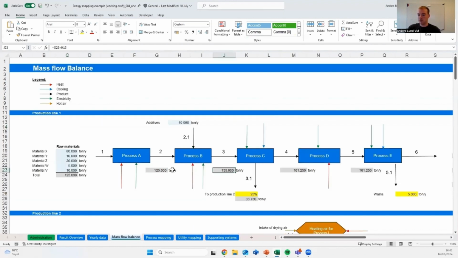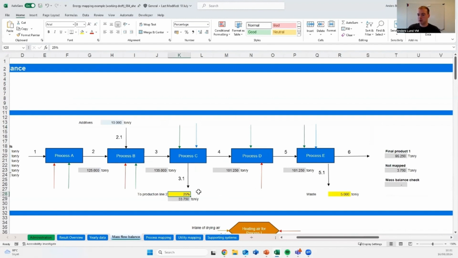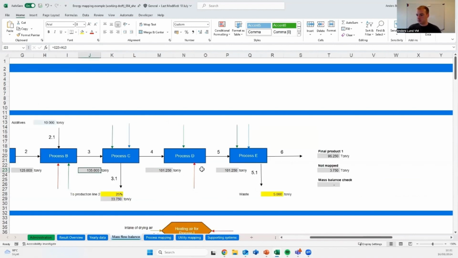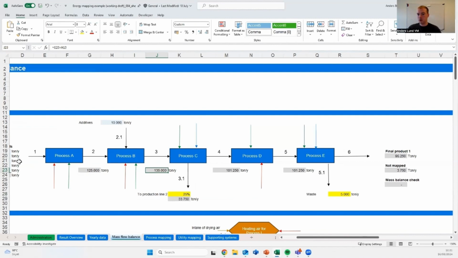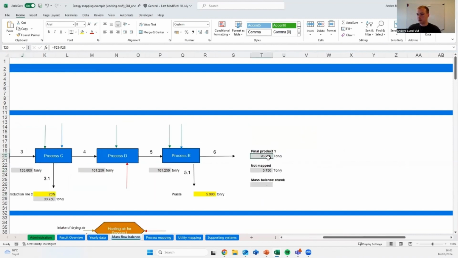And again, please only edit in the yellow cells, because that's the best way to adjust for the mass flow. So here we have entered a fraction of this incoming mass flow to process C, and that then distributes in stream 3.1 and stream 4. And then you can follow the mass flow all the way from coming in to a final product at the end.